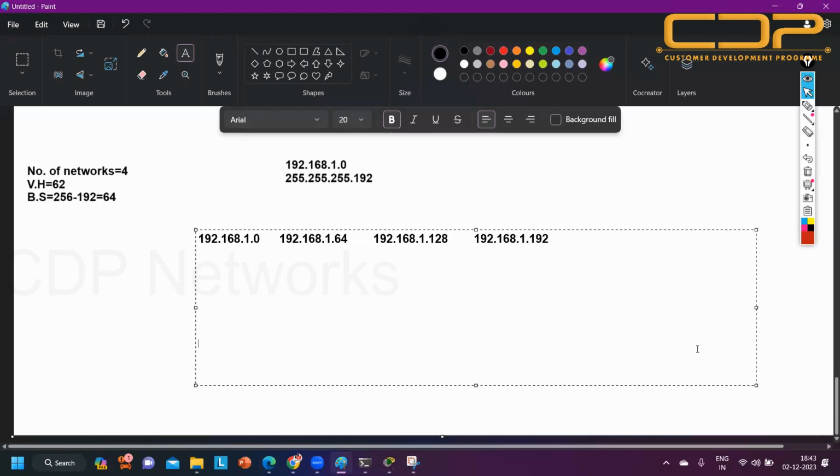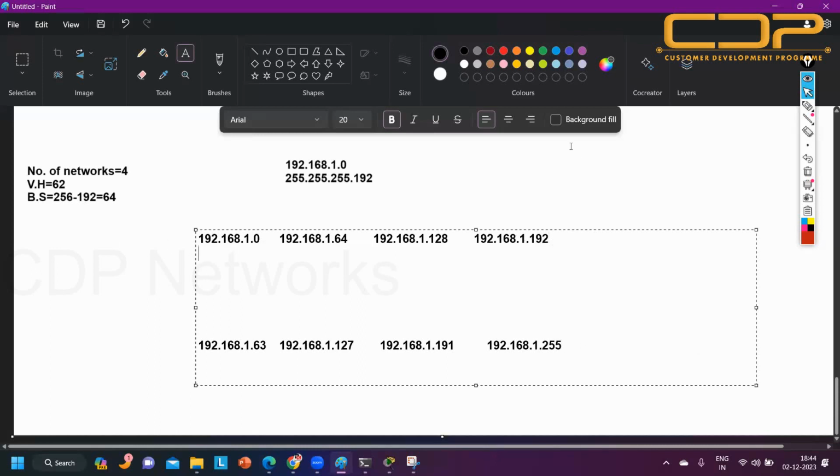The last IP address of the first network is 192.168.1.63, of the second network 192.168.1.127, of the third network 192.168.1.191, and of the fourth network 192.168.1.255. But these are not usable IP addresses.